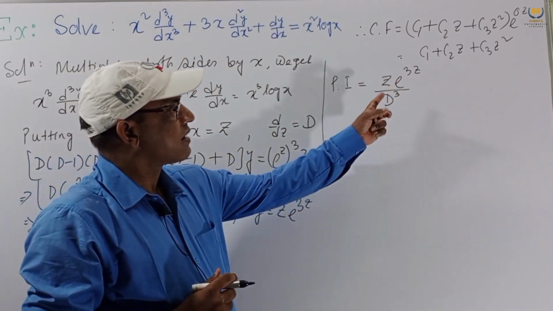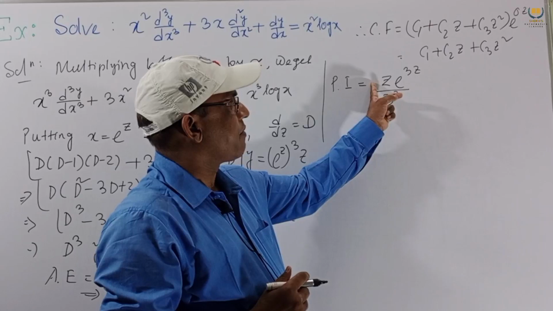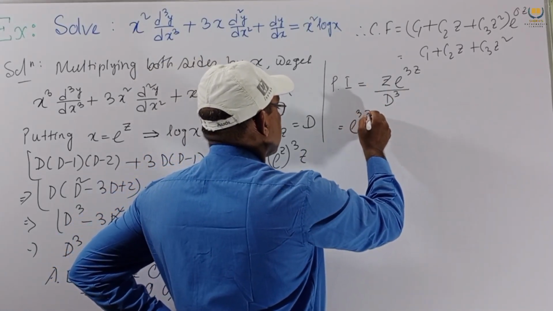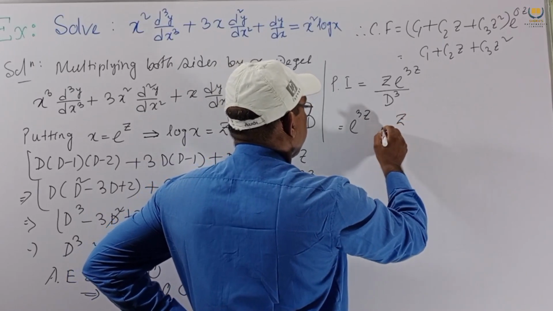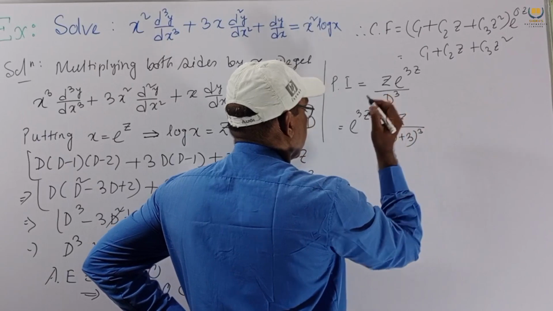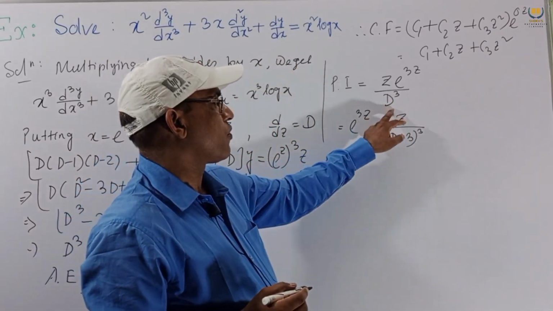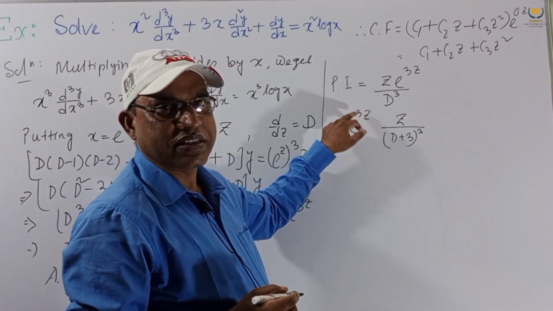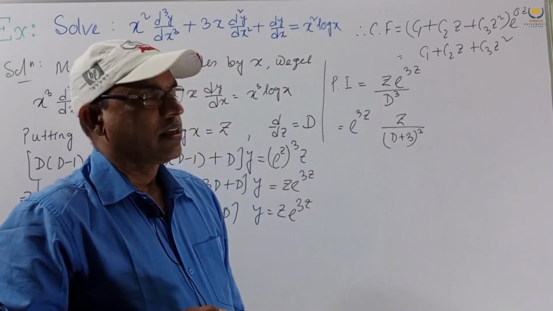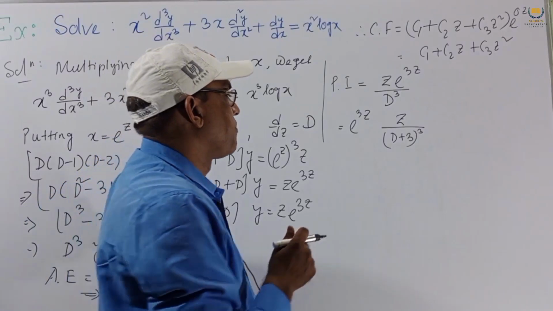But here exponential and algebraic are given, so taking exponential outside, we get z by (D plus 3) whole cube. Coefficient of z is 3, so in place of D, we put D plus 3. This is the rule if exponential and algebraic are given.